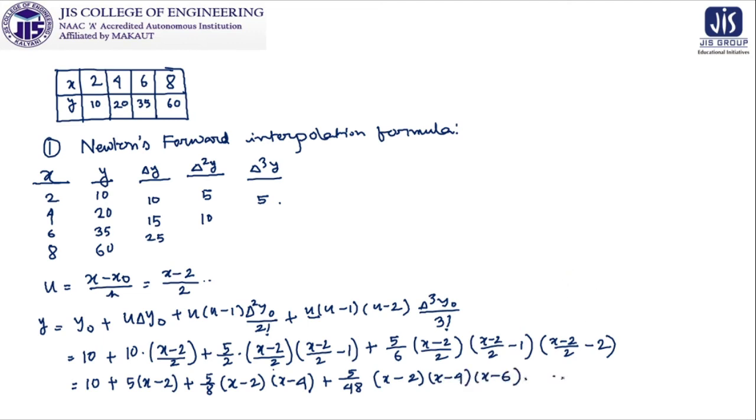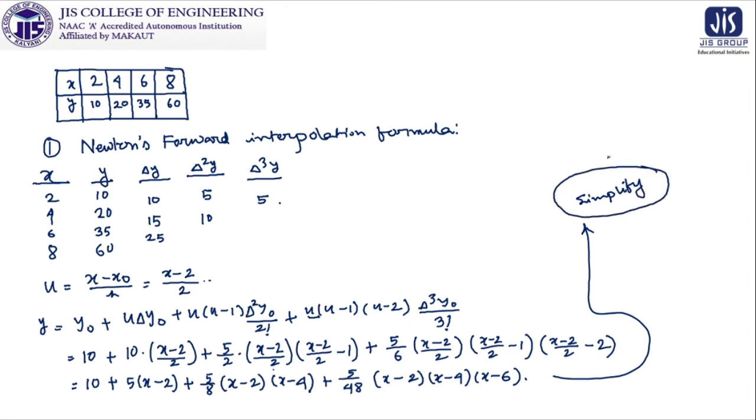Though I am not simplifying it, I am requesting all of you to simplify that. Why am I not simplifying that? Because without simplification also I will reach my destination, which will be clear in the next slide.